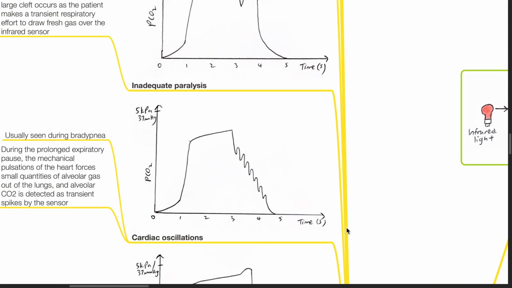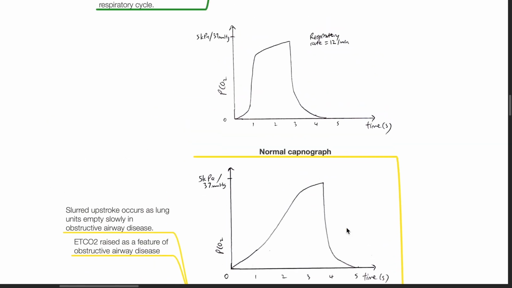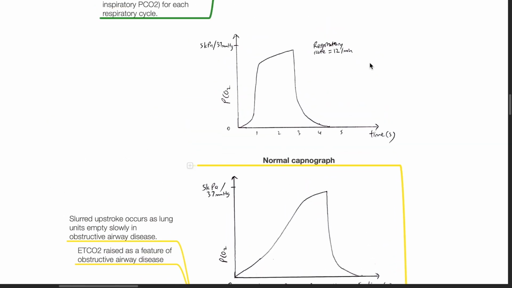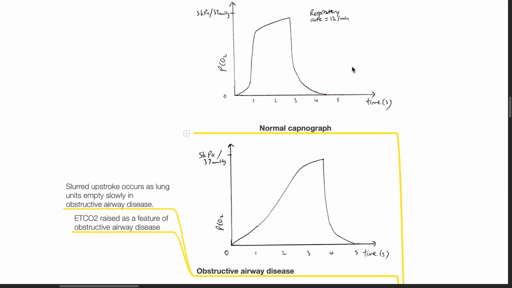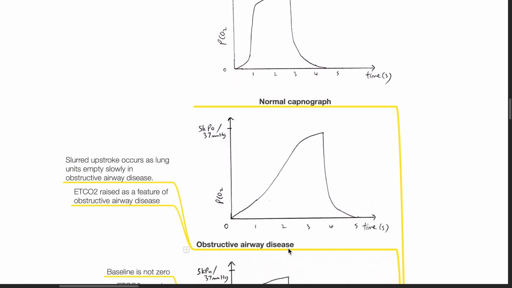Abnormal capnograph traces. This is a normal capnograph at the respiratory rate of 12 per minute. In obstructive airway disease, there would be a slurred upstroke as the lung units empty slowly, and EtCO2 is raised as a feature of the underlying disease.